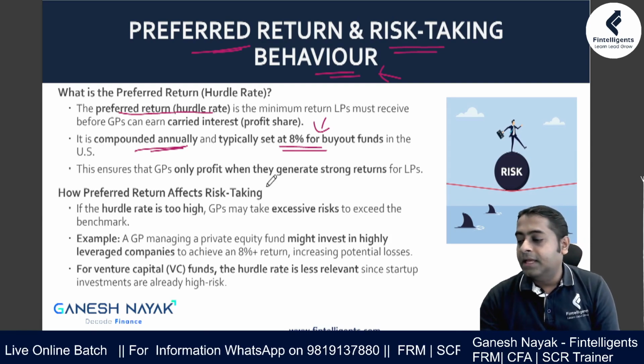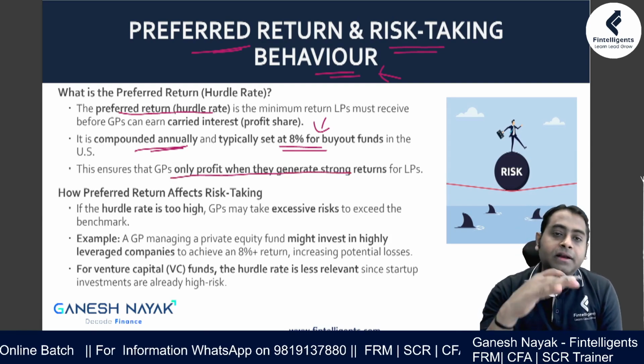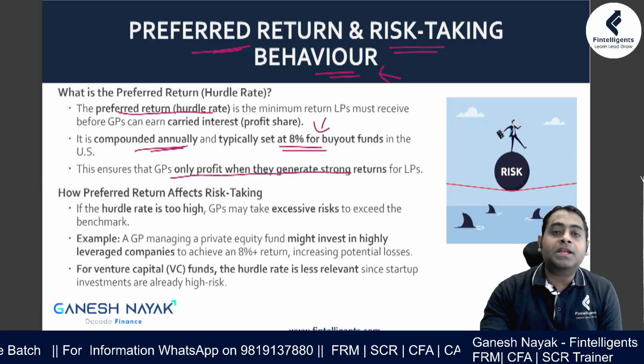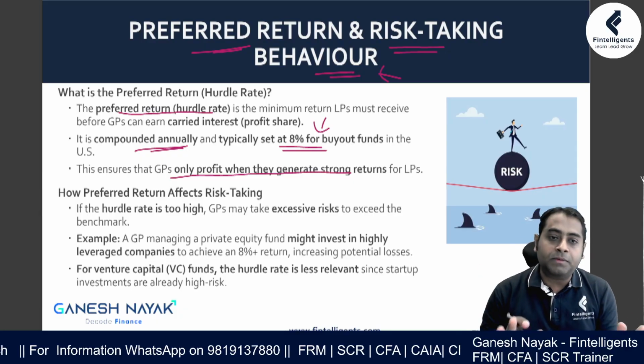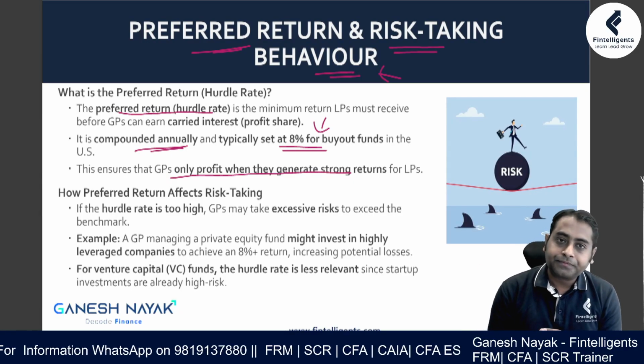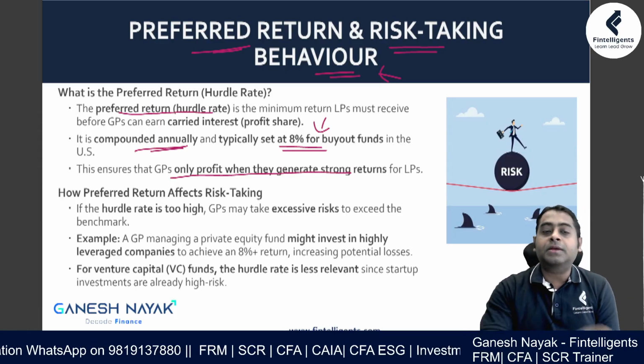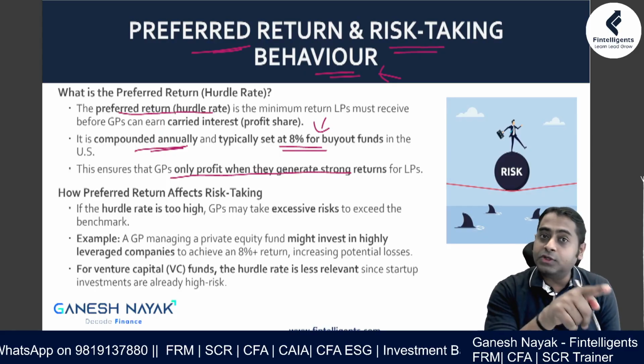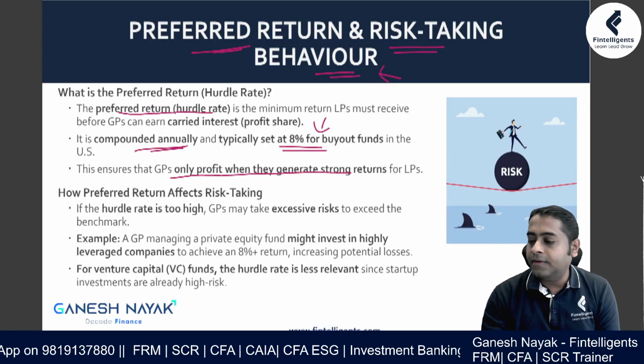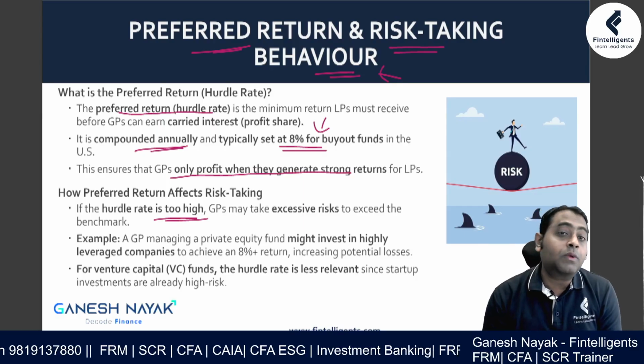Okay. Now, how does it help? How does this hurdle rate help? So GP or a fund manager will only make money if there is very good performance, or else they will not make money. Now there is a catch. Should I keep the hurdle rate very high? Should I keep the hurdle rate very low? Now this was already discussed in the previous slides. Okay. If the hurdle rate is too high, what will happen?